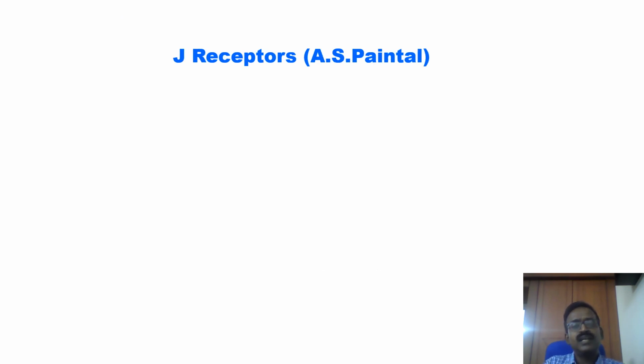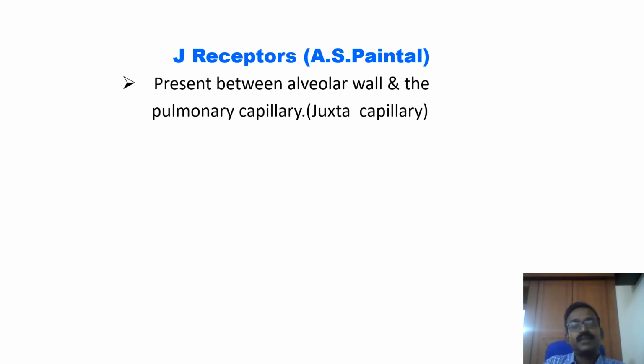The J receptor, otherwise called the juxtapulmonary receptor, was first discovered by the Indian scientist A.S. Paintal. It is present between the alveolar wall and the pulmonary capillary, that is, juxtacapillary in the lung.